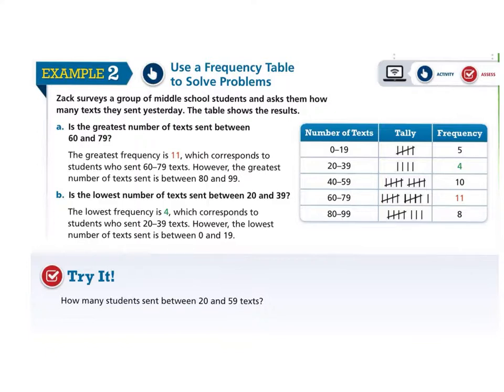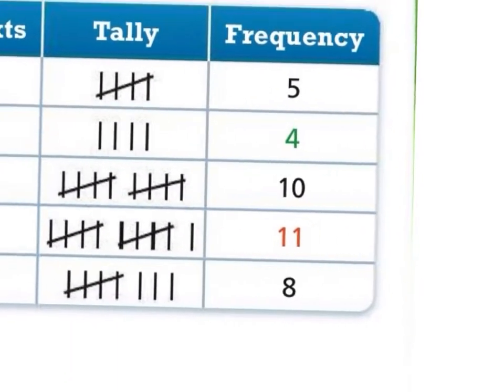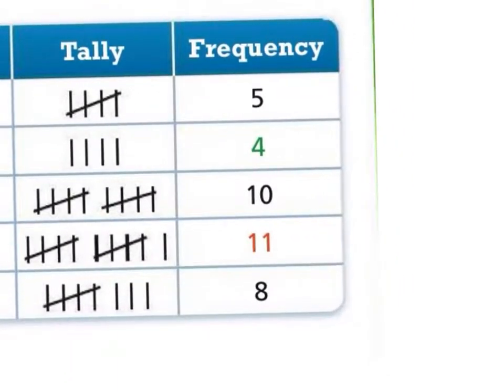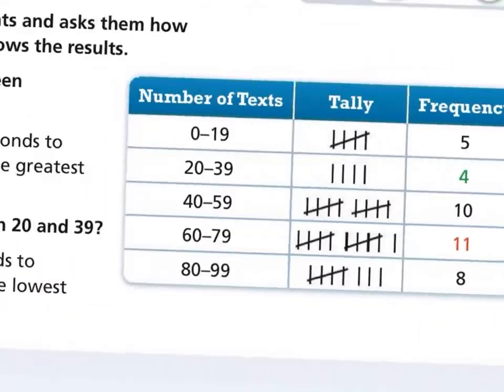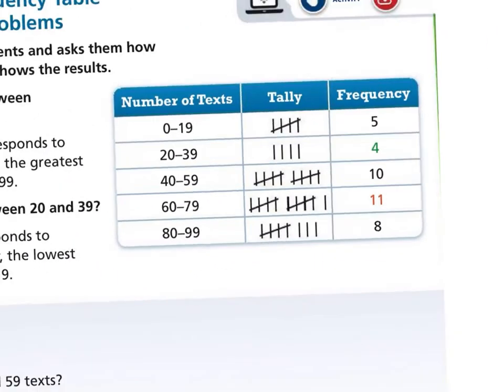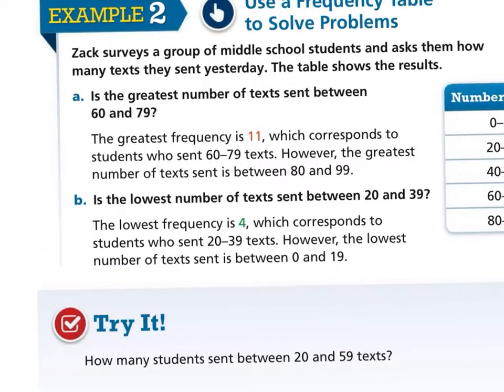A lot of times we do frequency tables and people look at this, and the question is, what's the greatest number of texts sent? Everybody immediately looks at the frequency, 11, that's the highest frequency. It's 60 to 79. That's the highest number of texts sent. Well, no, it's not. That's the interval that has the greatest amount of people.